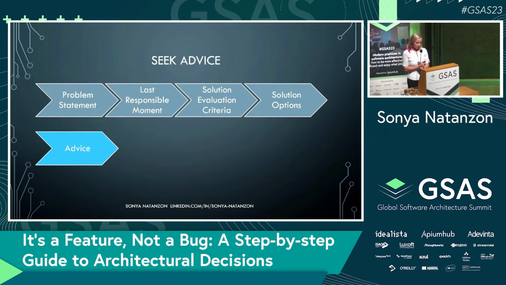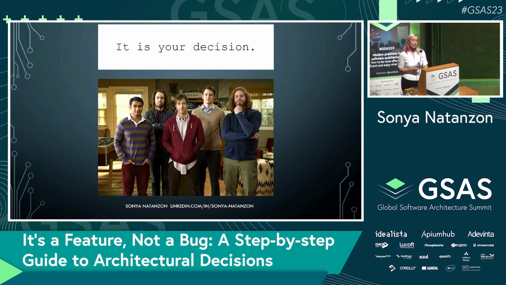Before we get to decision, we want to get some advice. I made the steps separate, but in reality, what often happens is it gets pushed together with solution option creation. You tend to get advice in the process as you're creating and eliminating solutions. Before we talk about advice, quick reminder, this is your decision.